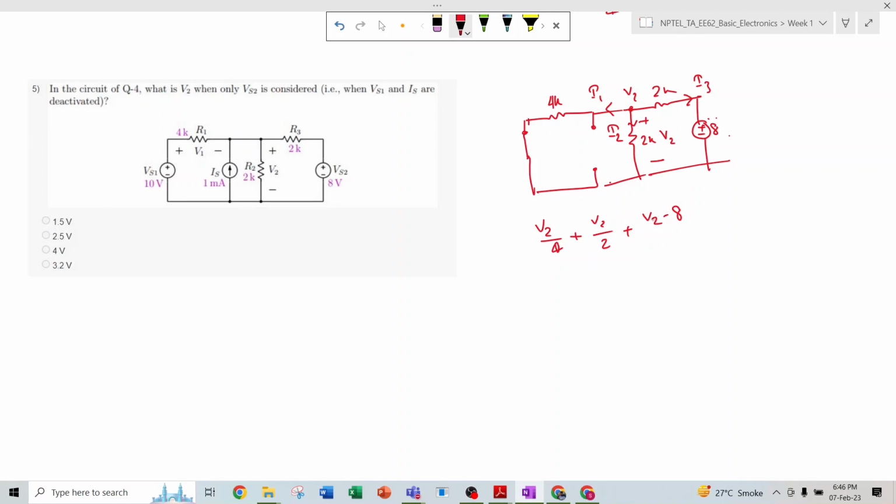Why? Because we have considered V2 to be greater than 8, so V2 minus 8 divided by 2 is equal to 0.